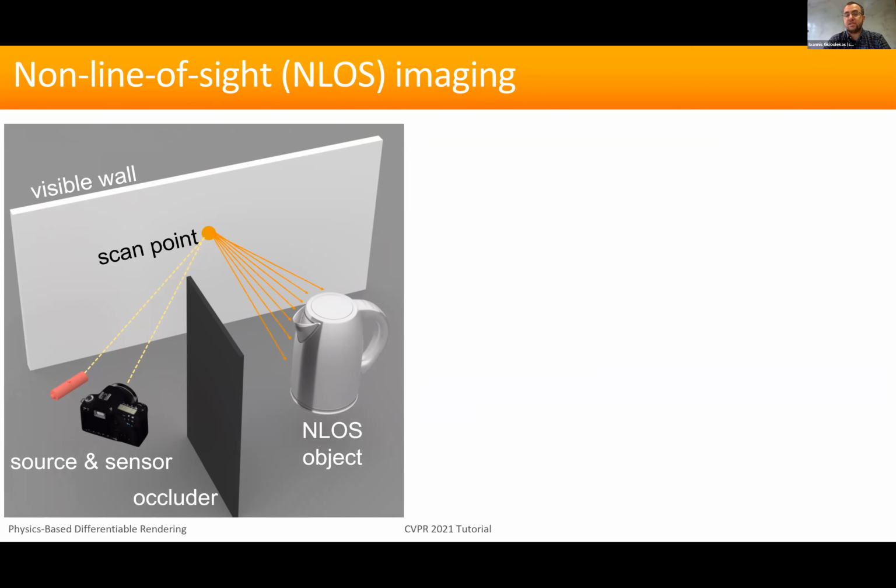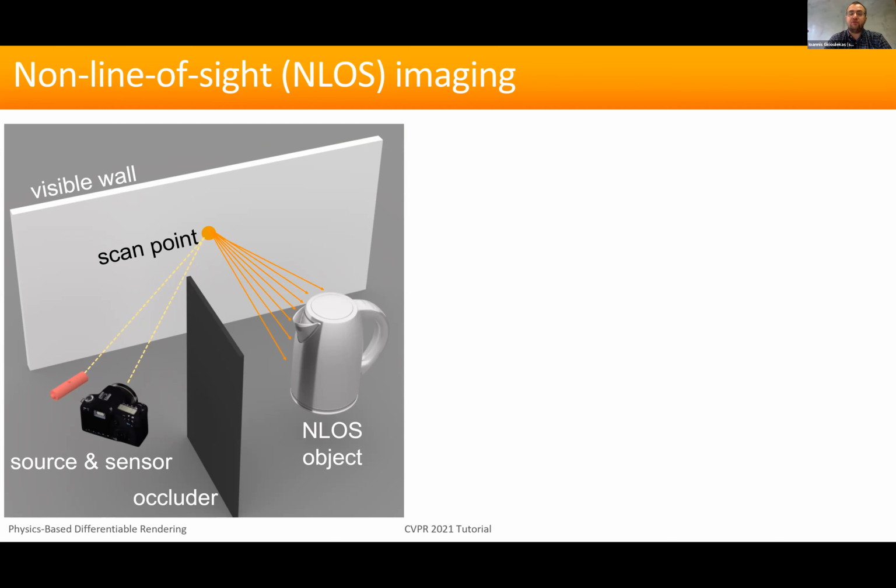So in this case, the photons that leave the source will scatter on the wall, scatter on the non-line of sight object, come back to the wall, and return to the camera. So our only hope in this setting to be able to see these scenes that are invisible to the camera and the light source, they're beyond the line of sight, is if we process illumination that is at least 3 bounces and above.